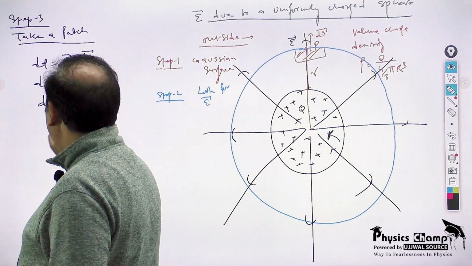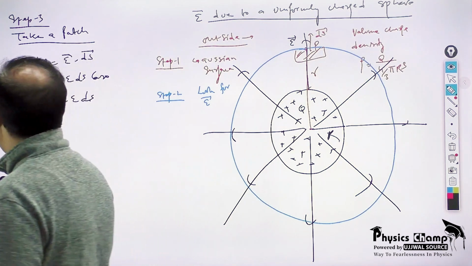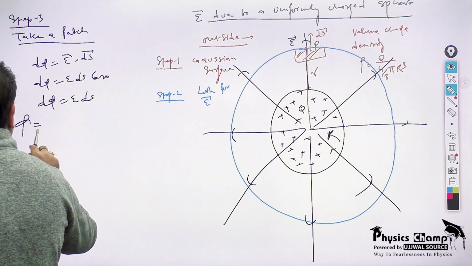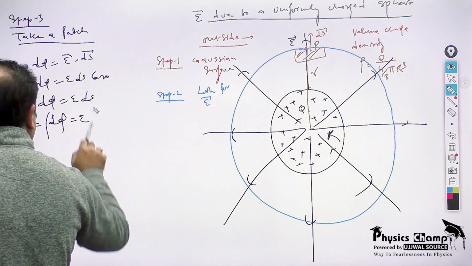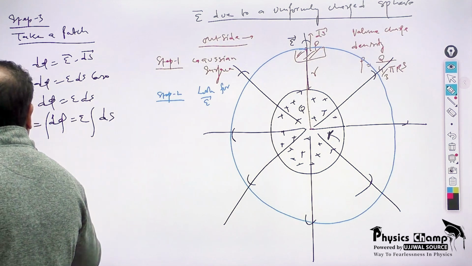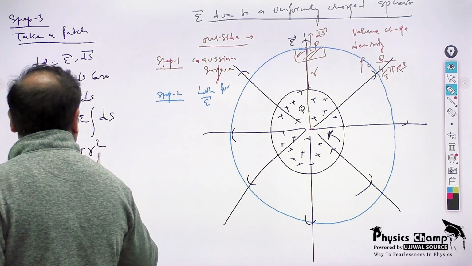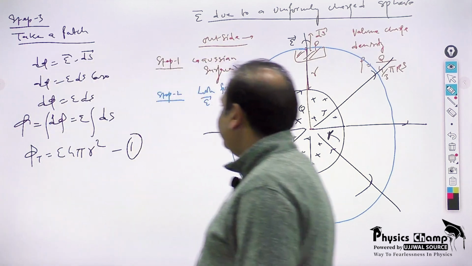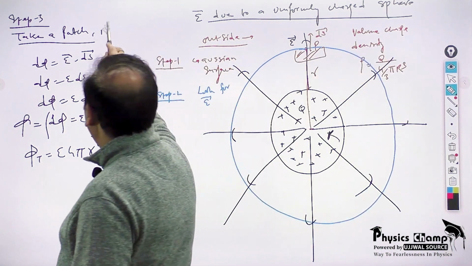So d phi is E ds. And then total flux will be integration of d phi, so it will be E into integration of ds. So the total flux will be E into 4 pi small r square. So take a patch on every kind of surface and find net flux.